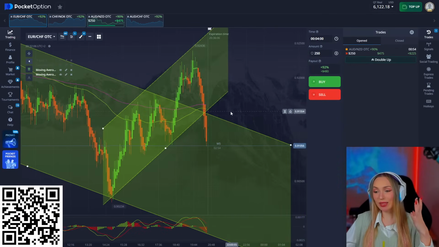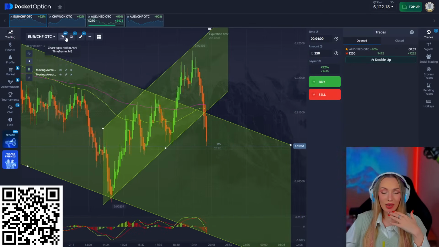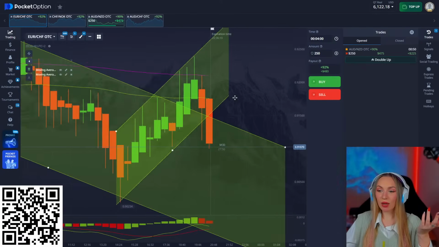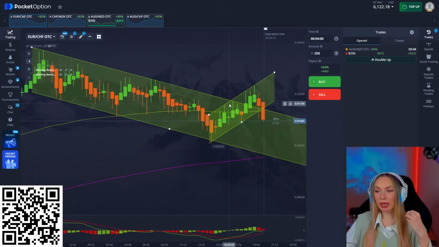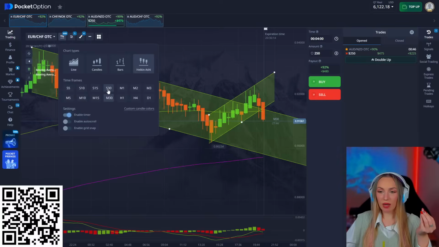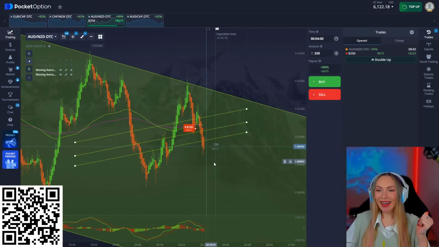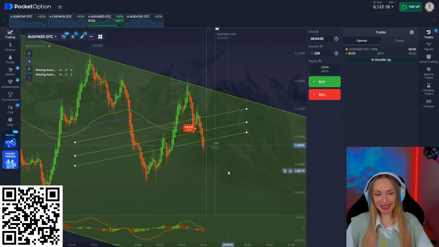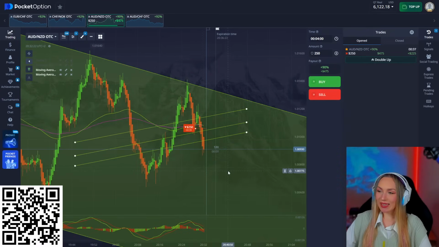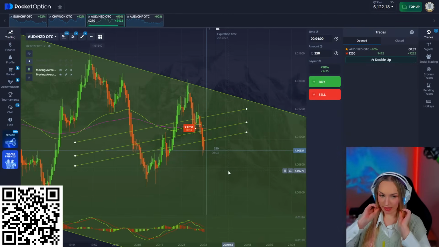But on 5 minutes, oh my god, it looks amazing. On longer time frames, it looks amazing. It looks like the best time right now to open the trade. Okay, AUD and ZD is down, but we still have 30 more seconds of waiting.